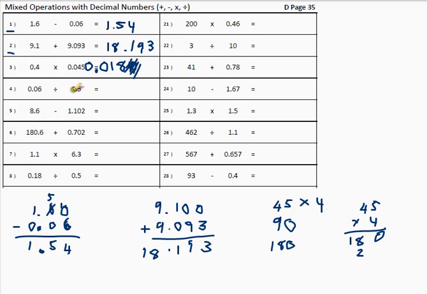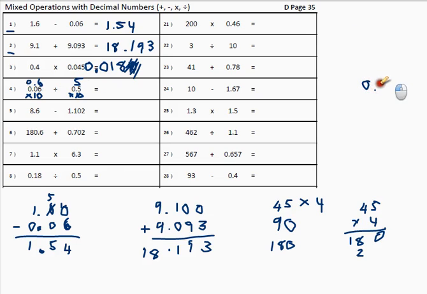Just quickly this one. We want that to be a whole number, we want it to be a 5. In other words, what did we do? We times by 10. So therefore we need to times by 10 there to cancel it out. And that gives us 0.6. Now you've got 0.6 divided by 5.